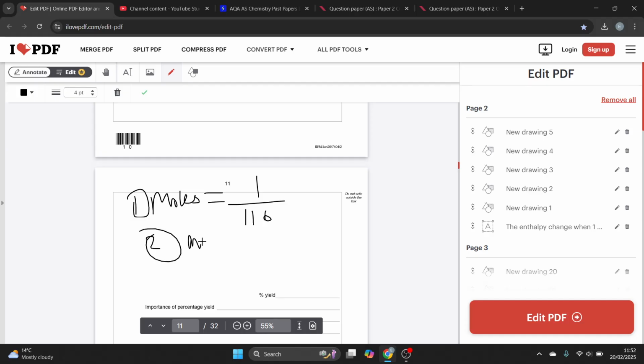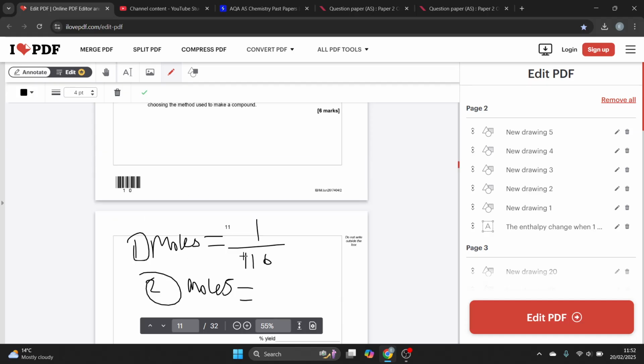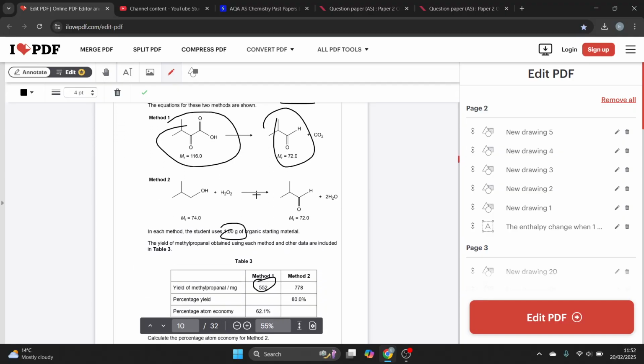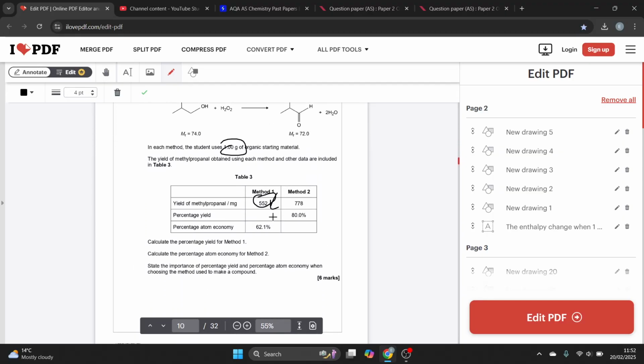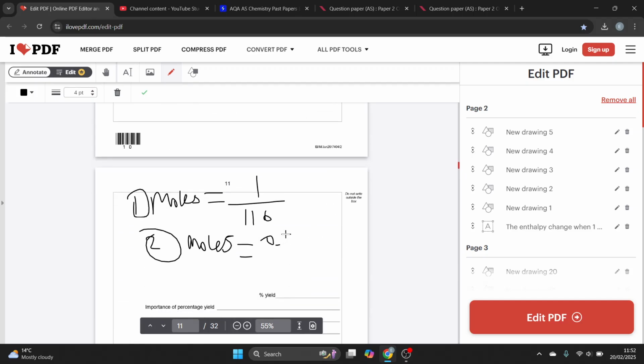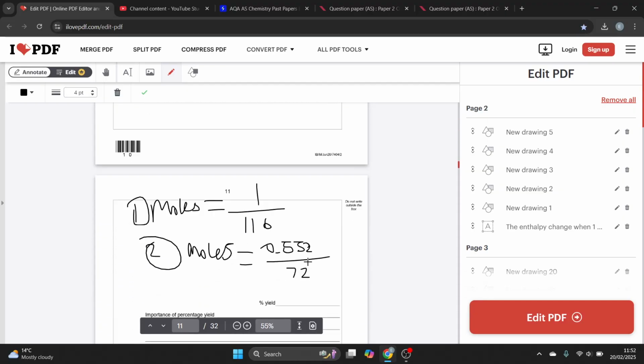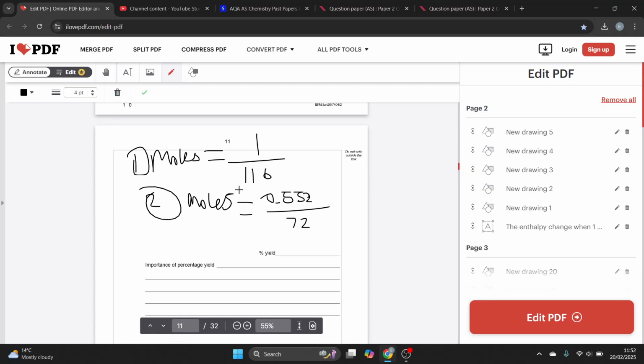Then the moles of this methyl propanol, that's what I'm making, is the mass of that, 552 milligrams, so 0.552 grams, over its Mr, which is 72. Then I divide this by this and multiply by 100, and that gives me percentage yield. So 0.552 divided by 72, divided by 1 over 116, times 100.